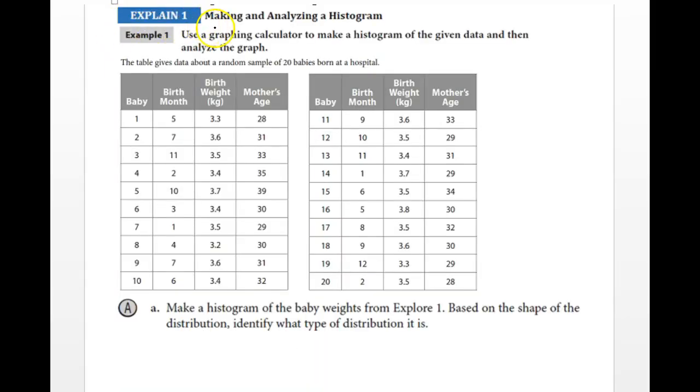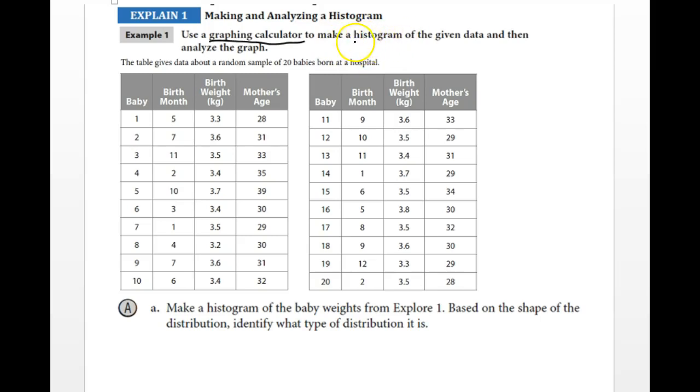Okay. Alright, for explain 1, we're going to be making and analyzing a histogram. So that's the first thing we're going to learn how to make. It says use a graphing calculator to make a histogram of the given data and then analyze the graphs. So rather than using a graphing calculator, I did want to show you a histogram maker that I'll show you how to use.